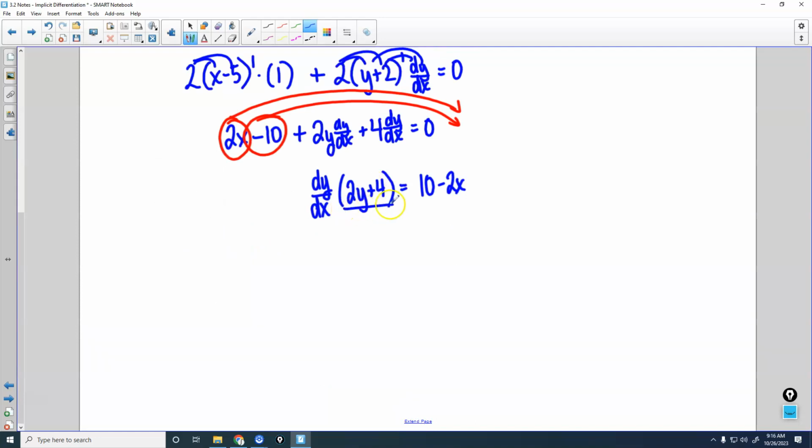And then almost last step, I would divide by that 2y plus 4. That gives me 10 minus 2x over 2y plus 4.